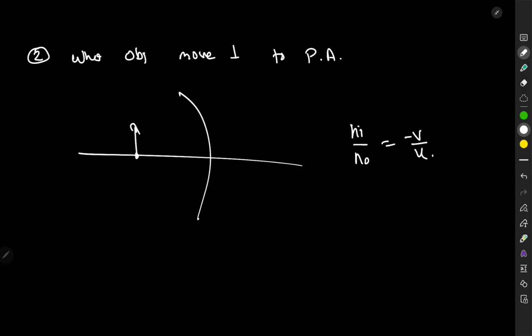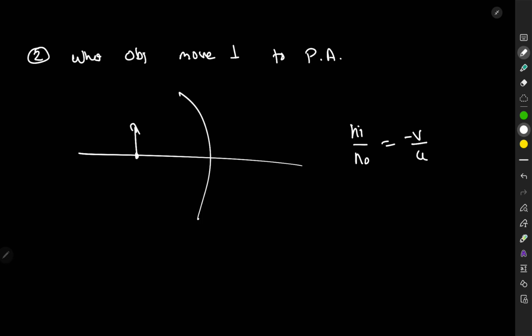We need to use this formula only, because you need to check a formula in which the vertical distance changes, and which is related to the distance from the mirror.